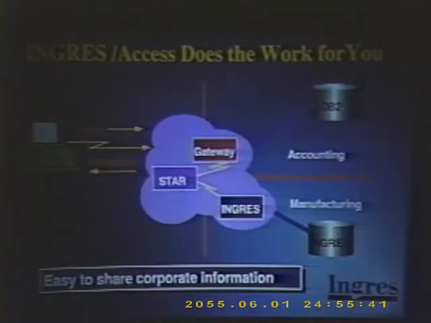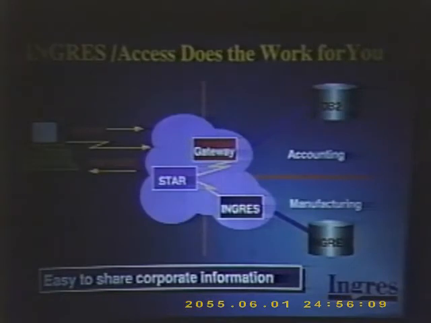Now, what we have provided with this generation of Ingress Access products are a set of products which work together and do the work for you of providing you immediate online access through standard SQL to data which is scattered throughout your organization. The benefit is that it's easy for users in different departments using different types of databases to share information. And you will see a demonstration of this capability following my talk.